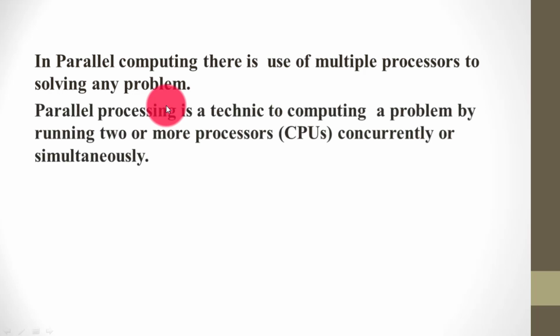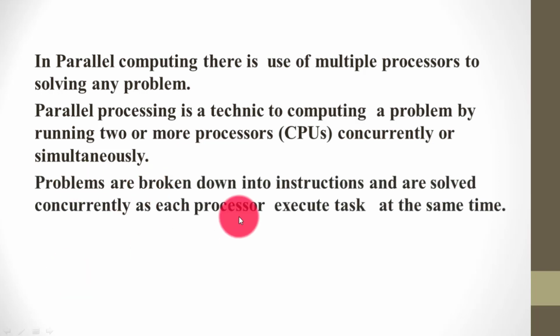Parallel processing is a technique to compute a problem by running two or more processes concurrently or simultaneously. Problems are broken down into instructions and are solved concurrently as each processor executes tasks at the same time.